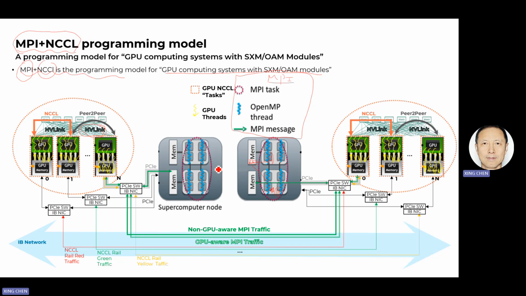So that's MPI for threads. But for two MPI processes, the communication will go through the network by using MPI.